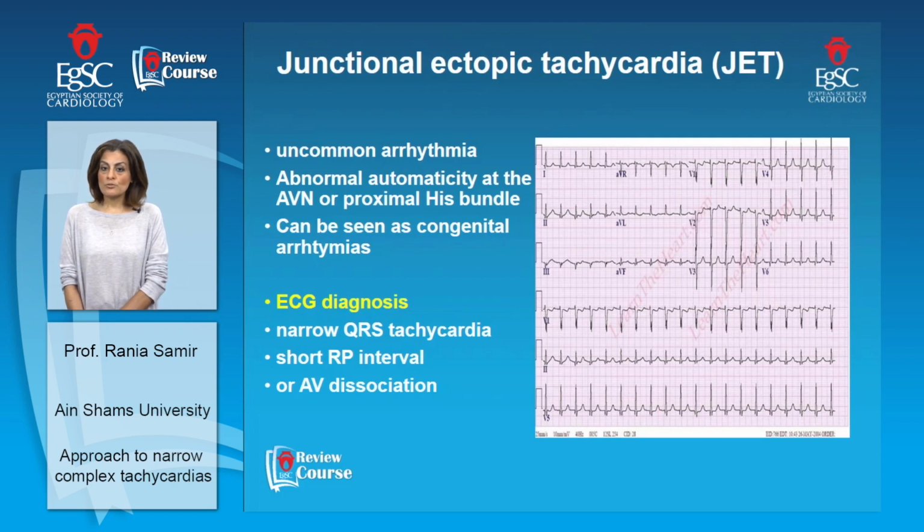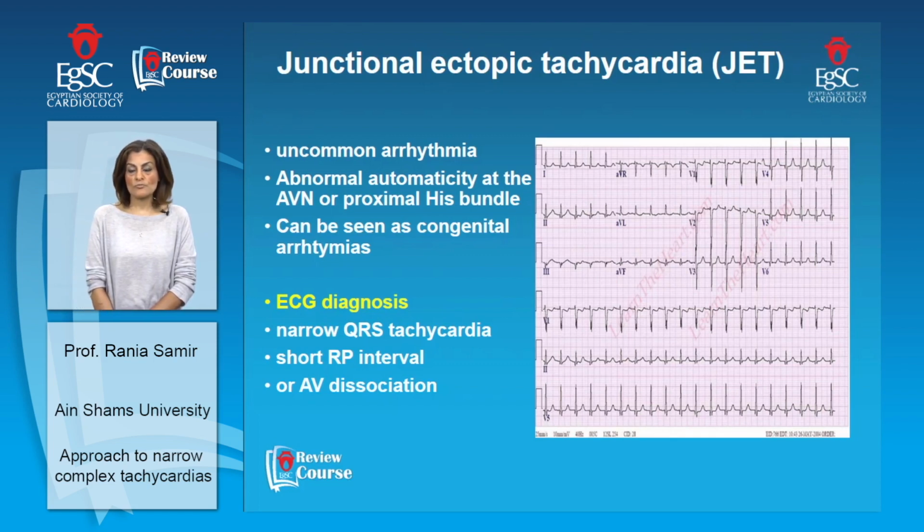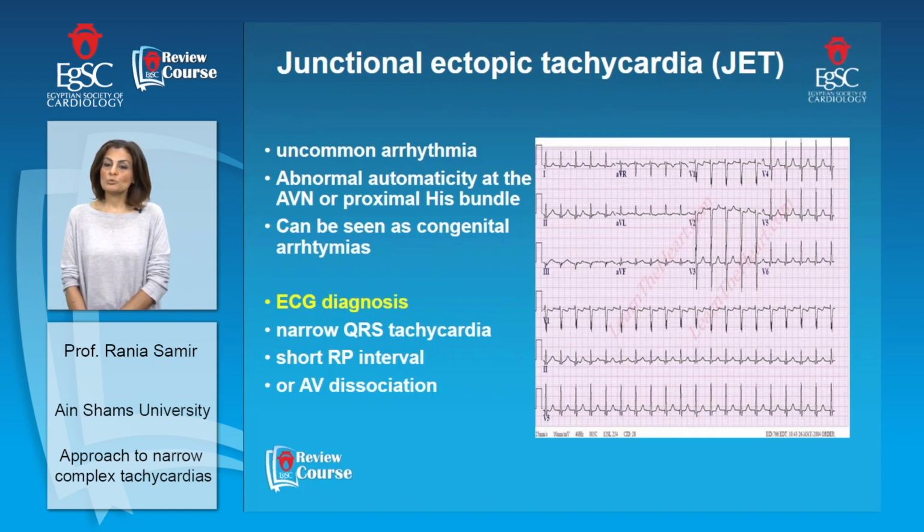For the ECG diagnosis, of course, it's a narrow complex tachycardia or supraventricular tachycardia, and it's very regular. It's a short RP tachycardia if there is a retrograde P wave, and sometimes there is AV dissociation. It's a very uncommon tachycardia. You will unlikely see this ECG in your normal practice, or you can see it once or twice.